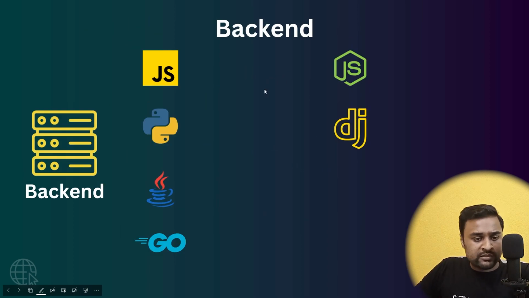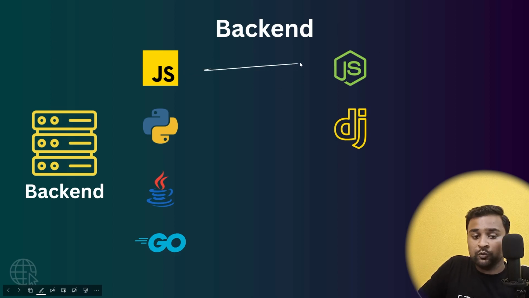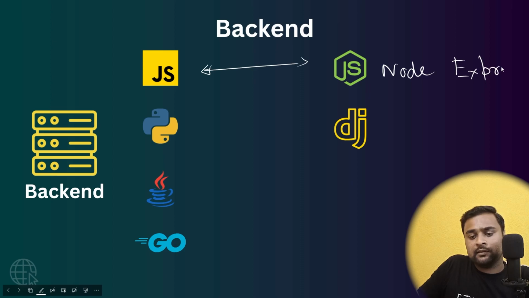After you have mastered these things, then there comes the backend. A backend is a server or another computer which handles your web request and responds back to you with the proper item or proper data. So if you want to be a backend developer, then you can use JavaScript and Node.js. Using Node.js and JavaScript, and also the Express library, you can create a backend.